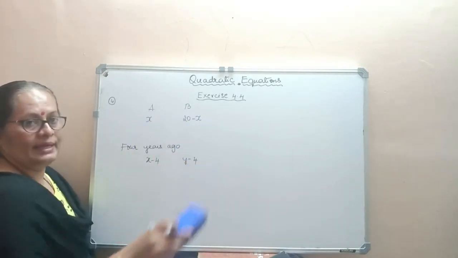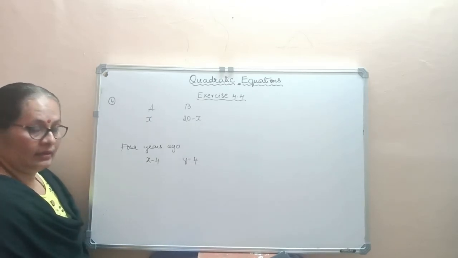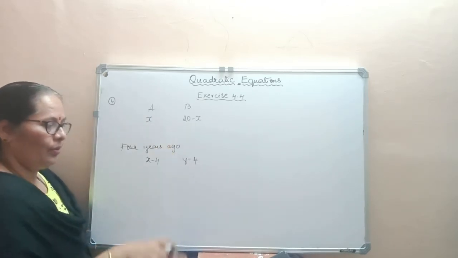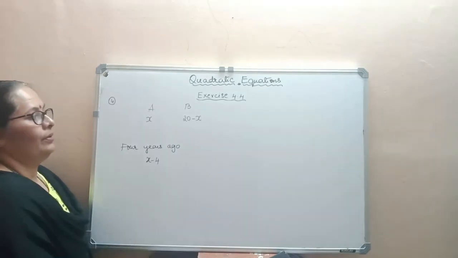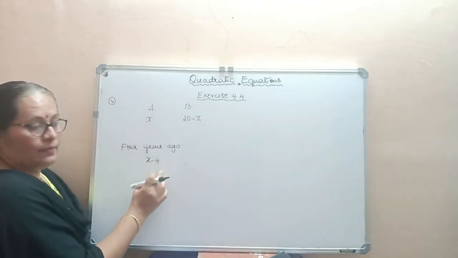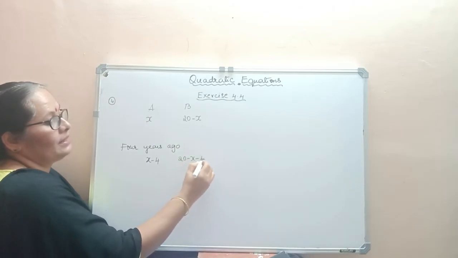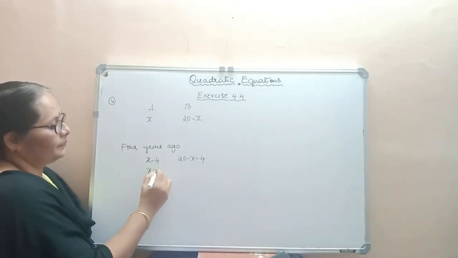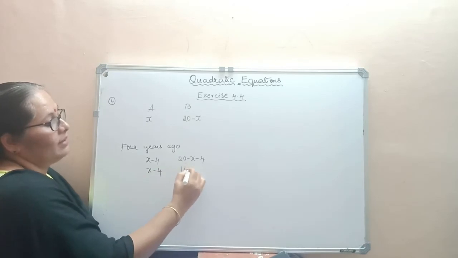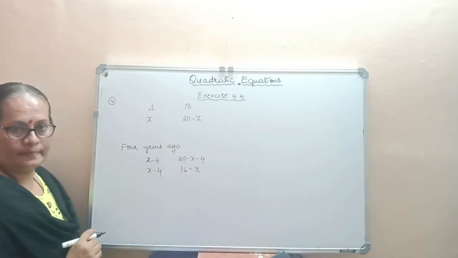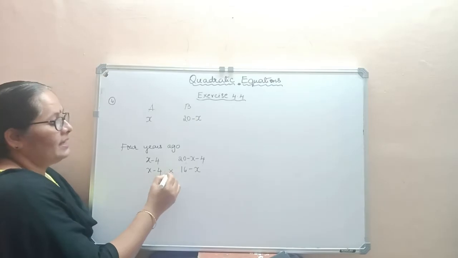Then four years ago, friend A was x minus 4 and friend B was 20 minus x minus 4, that is 16 minus x.